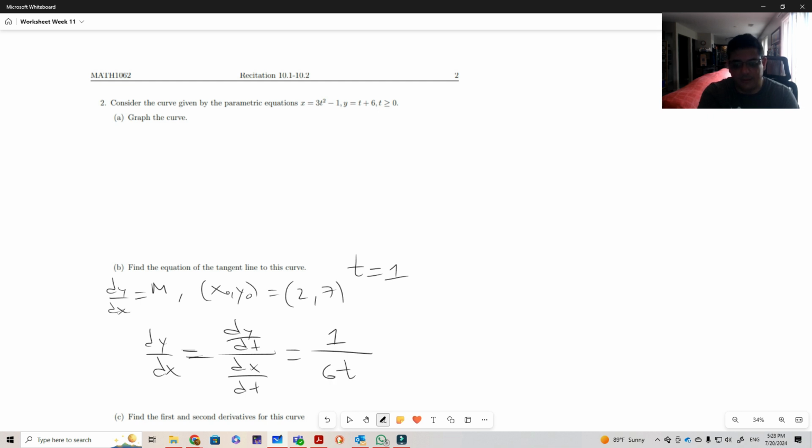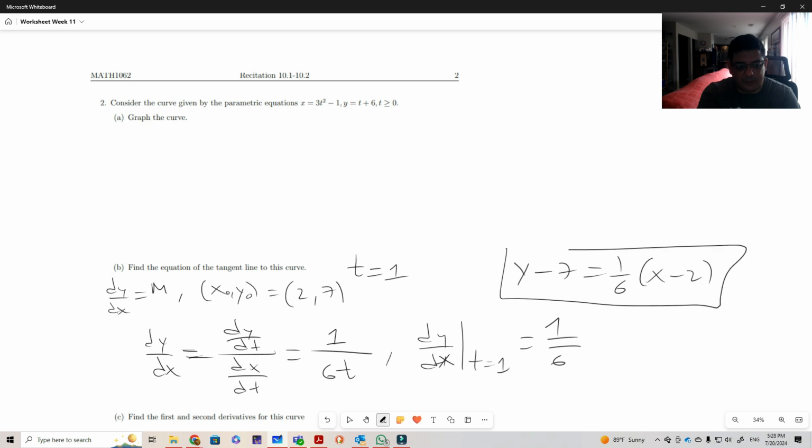So that works out. Now the dy/dx, when t equals 1, is just going to be 1 over 6. So the equation of the line becomes y minus 7 equals 1 over 6 times x minus 2. Notice that if you change the point, then this is going to give you a different behavior.